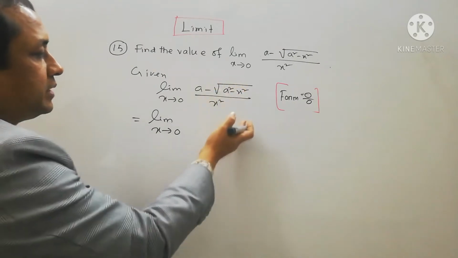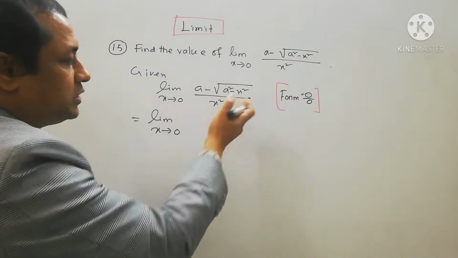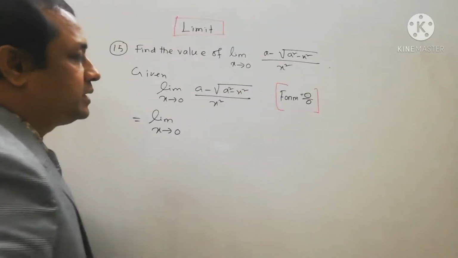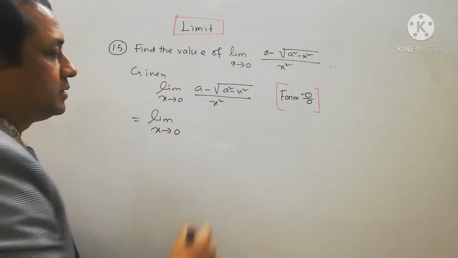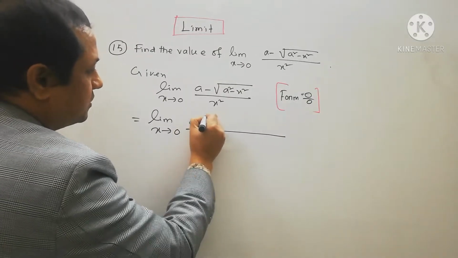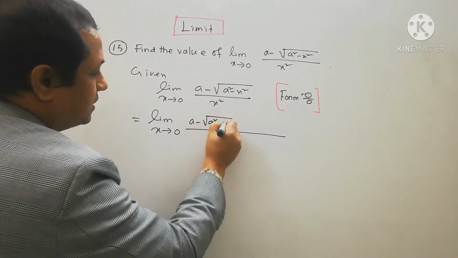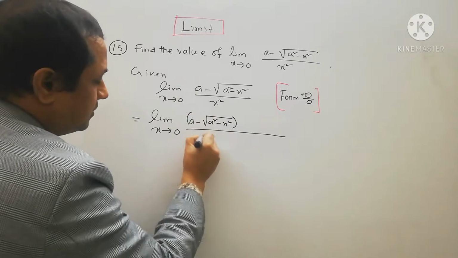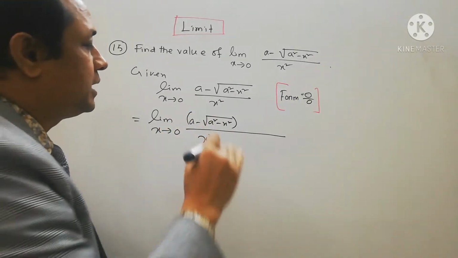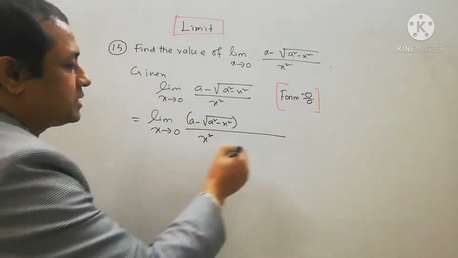Now multiplying numerator and denominator by a plus root over a square minus x square. So we have a minus root over a square minus x square by x square. Multiplying numerator and denominator by the opposite sign.